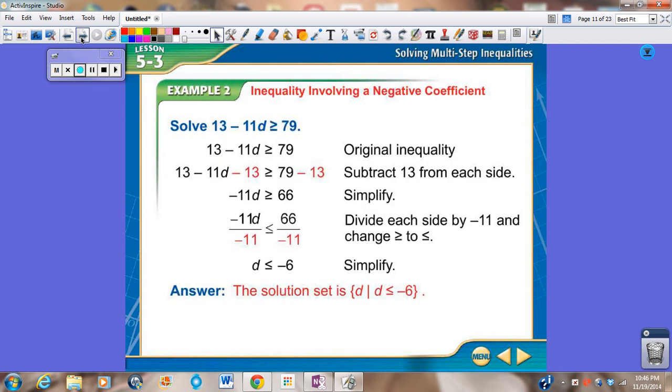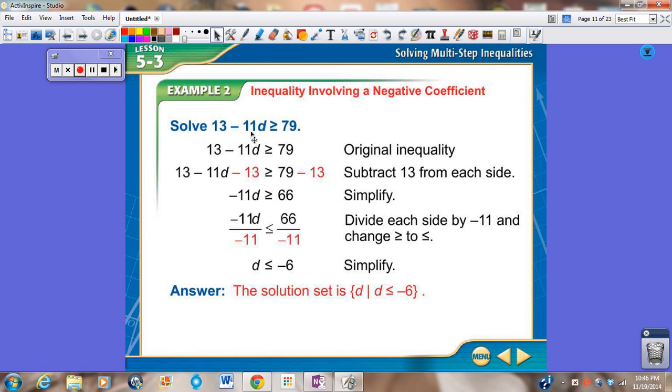Okay, so now moving to the next one, we're doing an inequality, but now it has a negative coefficient. Keep in mind that the coefficient is the number in front of the variable. Now, I noticed that in class today when we were working on this, some of you got a little bit ahead of yourselves, and people were asking about this particular example where you have a minus 11d, so the variable has a negative number instead of a positive number.